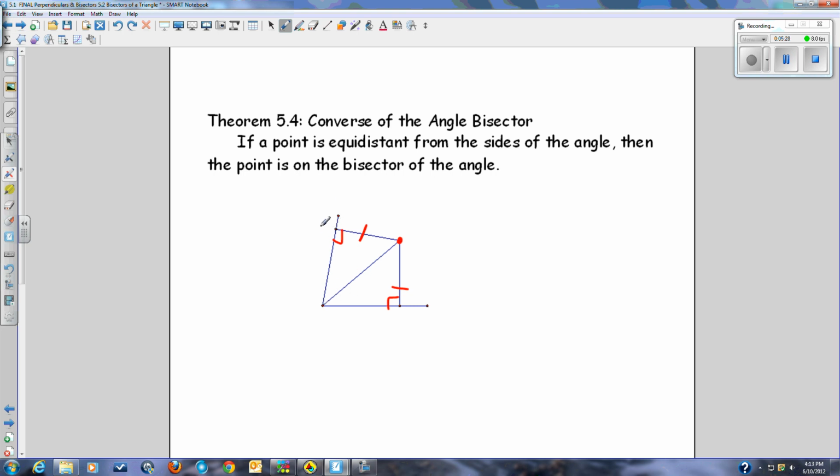So if we want to label some points here, let's say X, O, W, P, we can say that PO is the angle bisector of angle XOW.